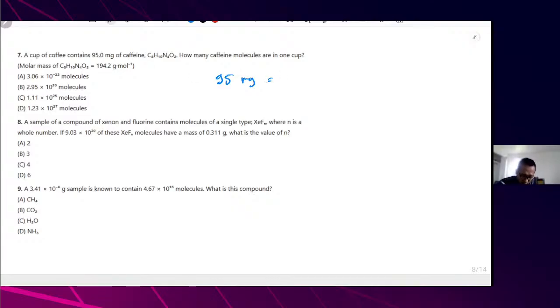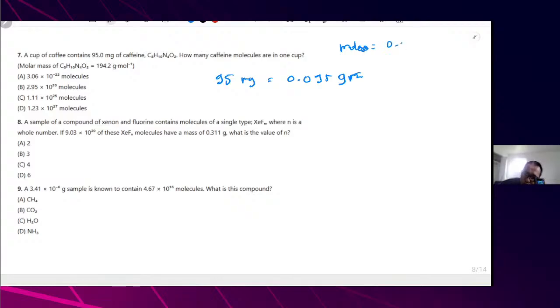We need to divide by 1000, because gram to milligram, so 0.095 gram. Okay, so we already have that mass, and then we need to know the moles. The moles is gram per Mr.